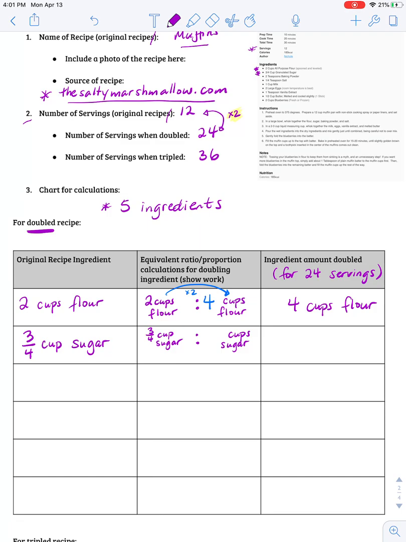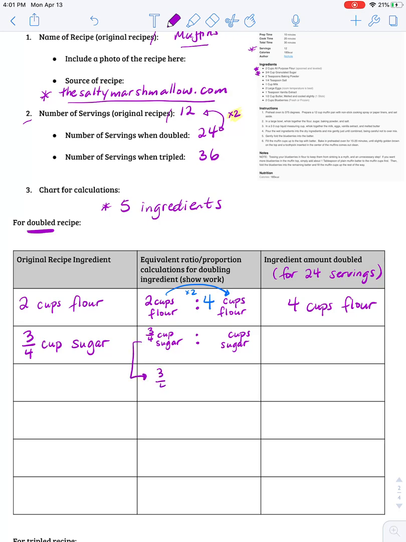Well, this is where you don't really have the skills yet, maybe some of you do, as to how to multiply fractions, but we're going to go back to adding because you know that you need 2 3/4 cups of sugar to double the recipe, right? So if you did 3/4 times 2, it would be the same as doing 3/4 plus 3/4.